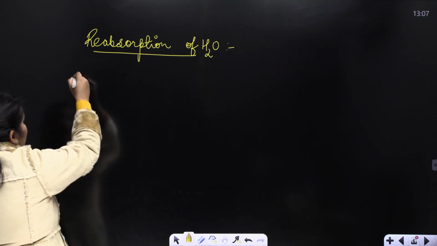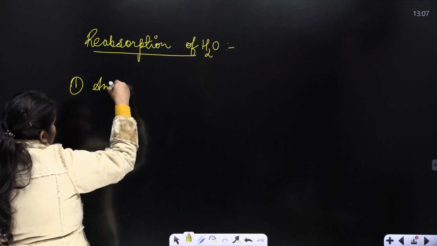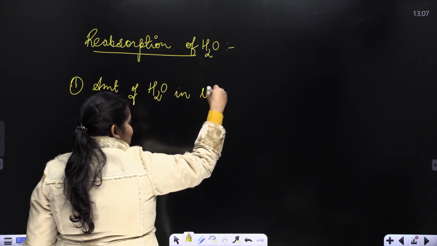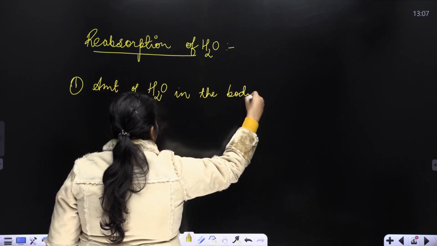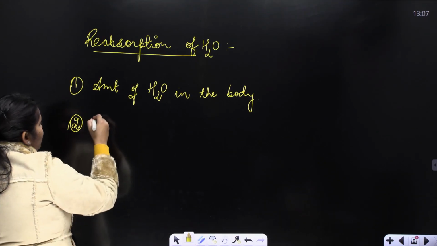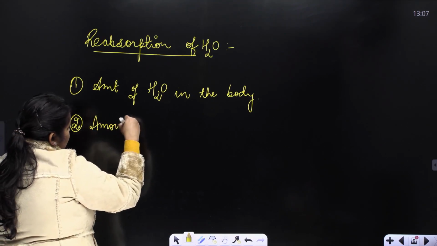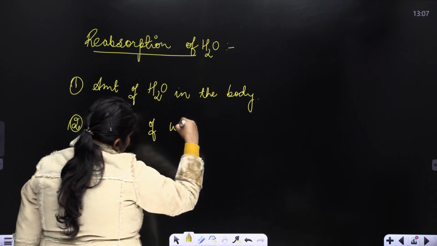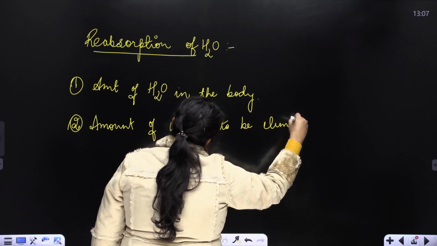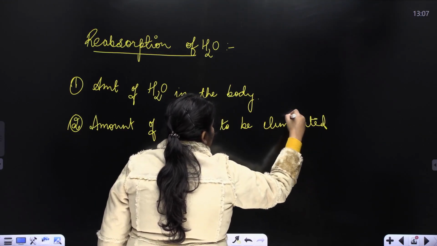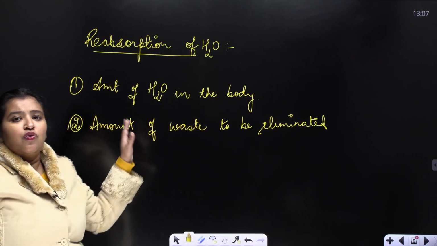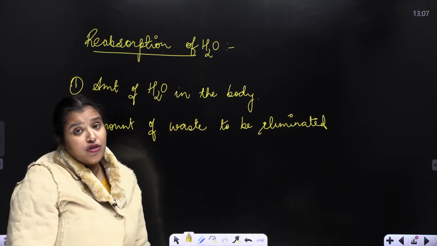Reabsorption of water depends on the amount of water in the body that is required, and it also depends on the amount of waste to be eliminated from the body. These are the two criteria on the basis of which reabsorption takes place.